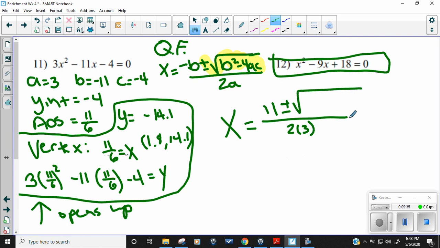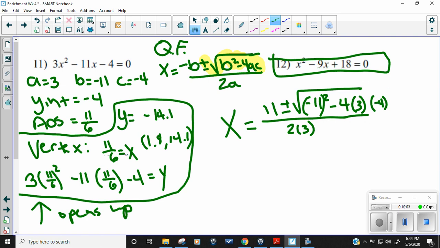Now this b squared is always going to be positive. If you put this in the calculator, you're going to get a negative. So either get in the habit of not putting a negative. Whenever I square something, I don't even put a negative sign because I know it's going to be positive. Or putting the parentheses and squaring it outside the parentheses. Minus 4 times a times c.